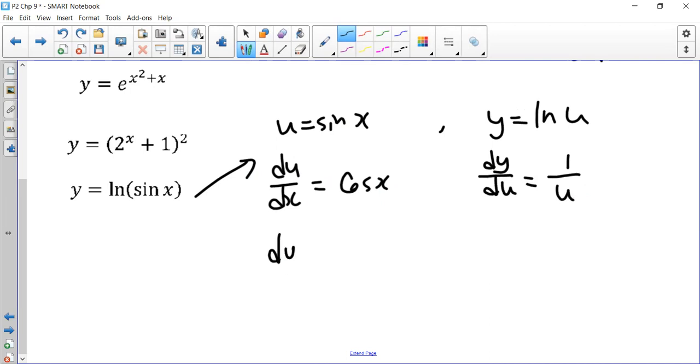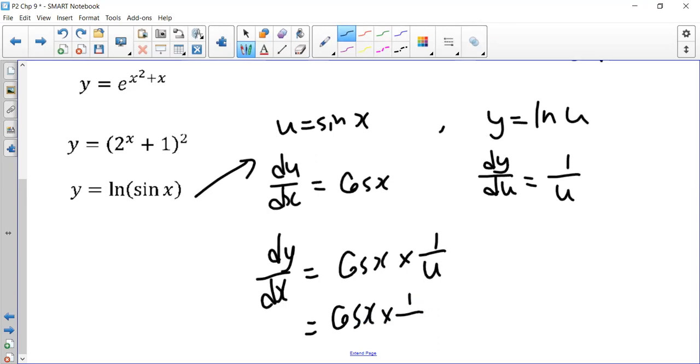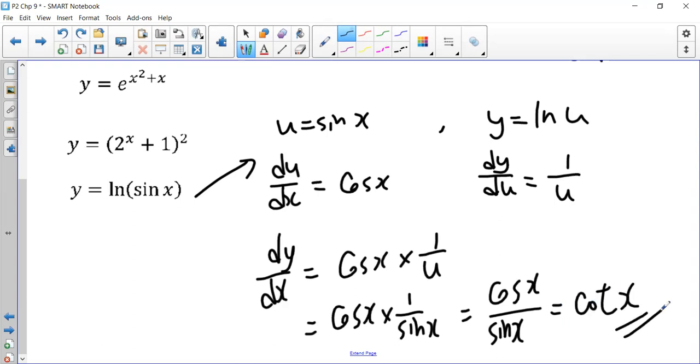So therefore, the result dy by dx equals cos x times 1 over u. Now u is sine x, so cos x times 1 over sine x. That's the same as cos x over sine x. What does that simplify into? Do you remember? Cos over sine is cot x.